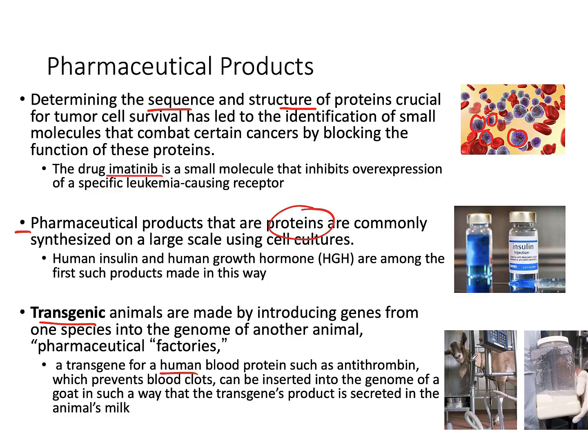For example, we can see this goat has been given a transgene for antithrombin, which is a protein that prevents blood clots. When the goat produces milk, the milk is going to contain the antithrombin, and we can use the milk to collect this protein and then package it and sell it to people who have clotting disorders.